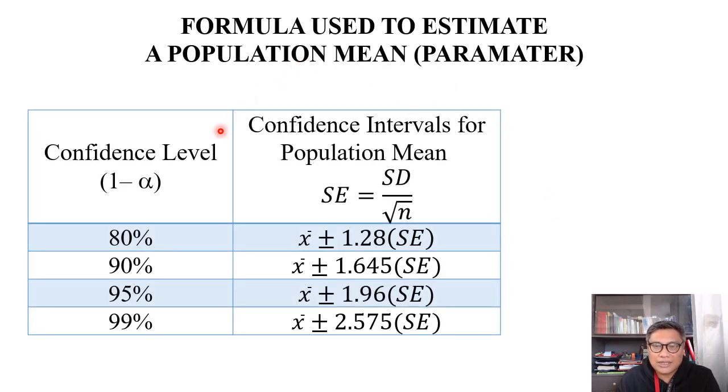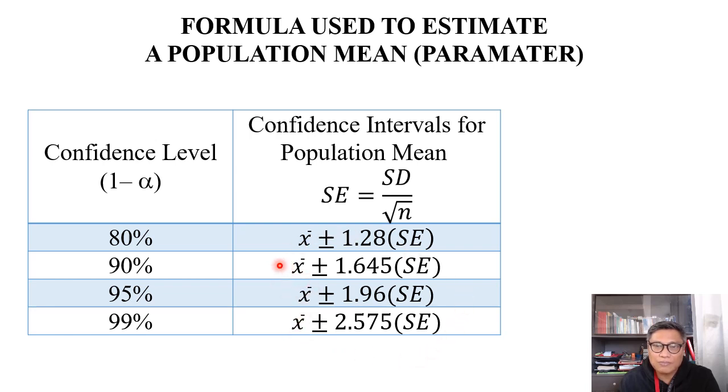So to summarize our formula for the confidence interval, these are the formulas that we use. This is used only for a population mean parameter. So we have here the different confidence levels with the corresponding confidence interval. Here you have your X bar, class.